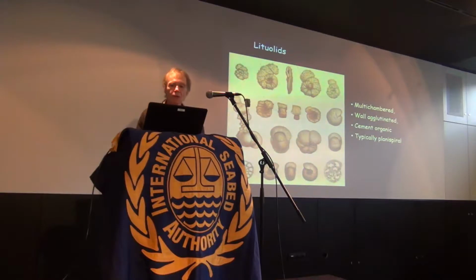Then the Lituolida: these are multi-chambered. The wall is agglutinated, and the cement which holds together the particles of the wall is organic. The test is typically planispiral, so the chambers are arranged in a spiral in one plane.